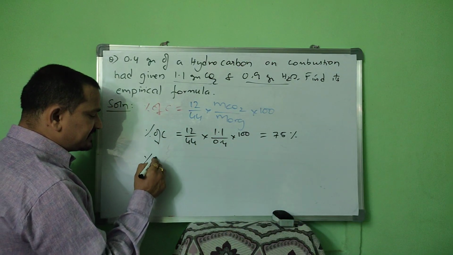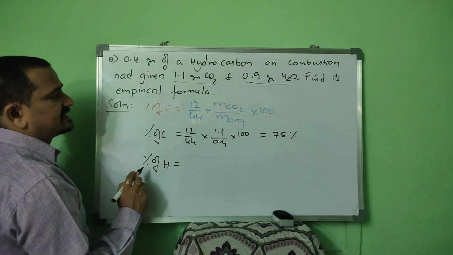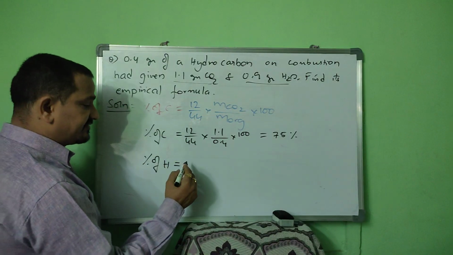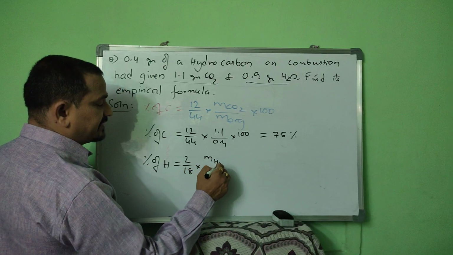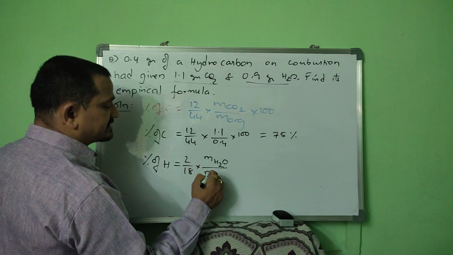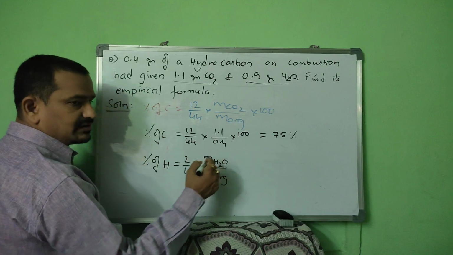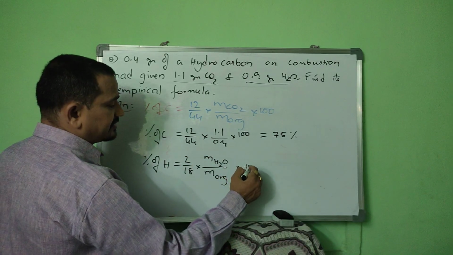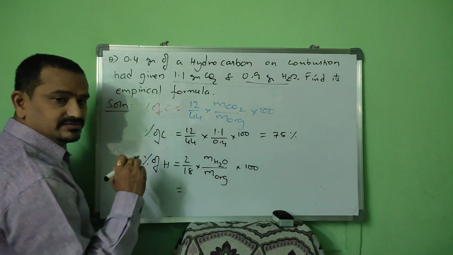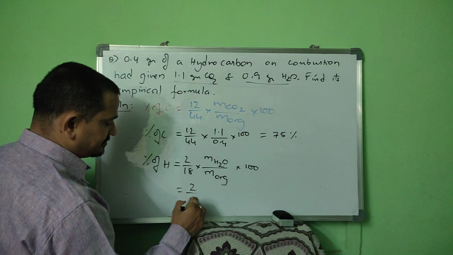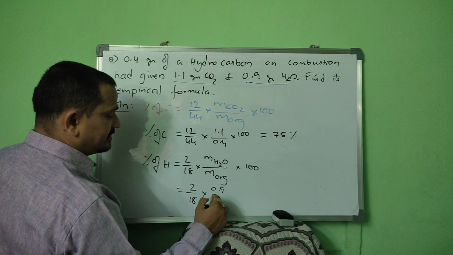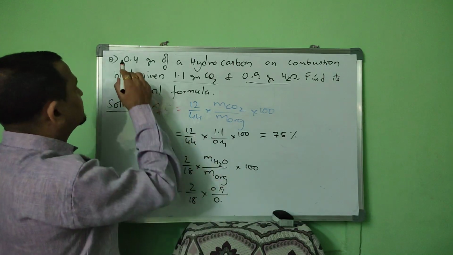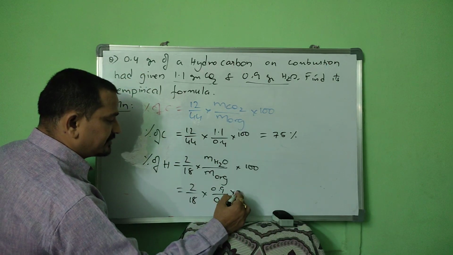Similarly, percentage of hydrogen can be calculated as, what's the formula for percentage of hydrogen? 2 out of 18 into mass of water vapor obtained out of mass of organic compound from which all these things are obtained into 100. That equals 2 out of 18 into mass of water vapor obtained, which is 0.9, by mass of organic compound, which is 0.4, into 100.